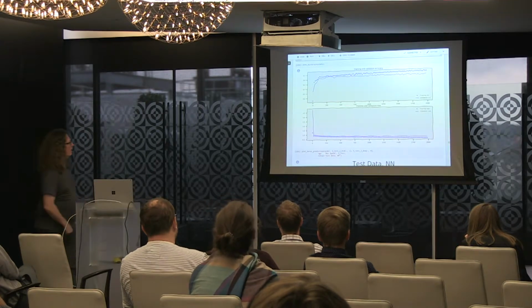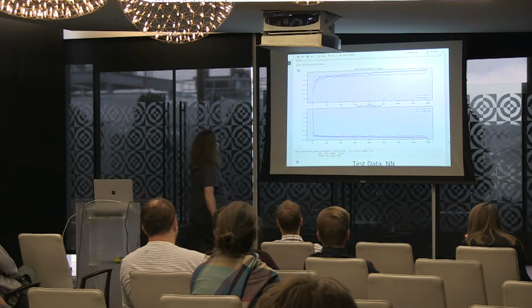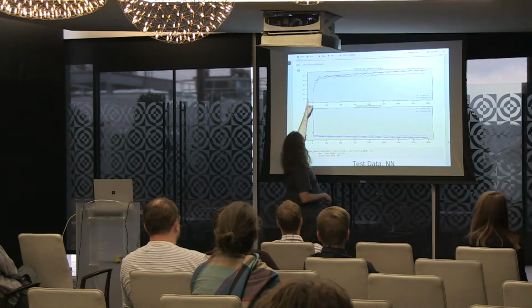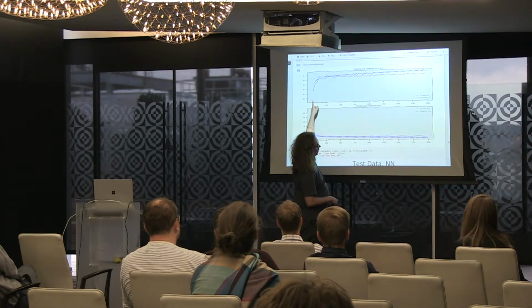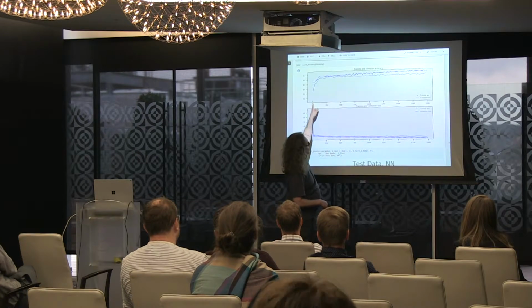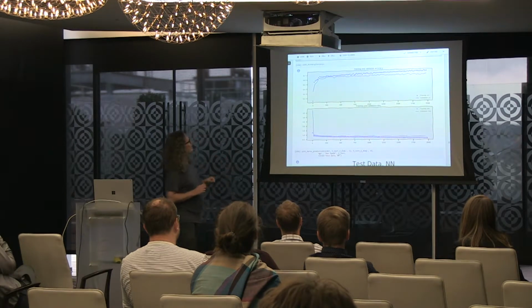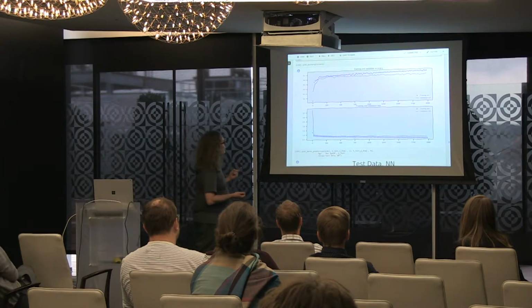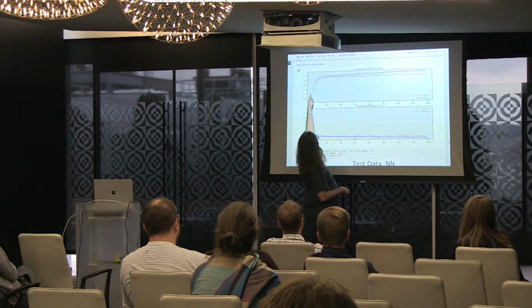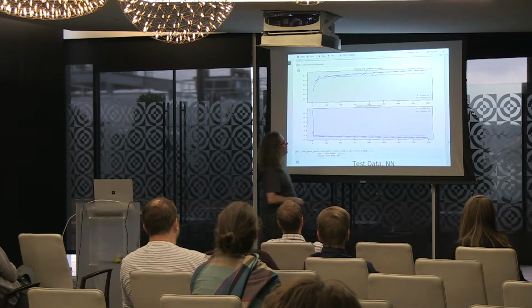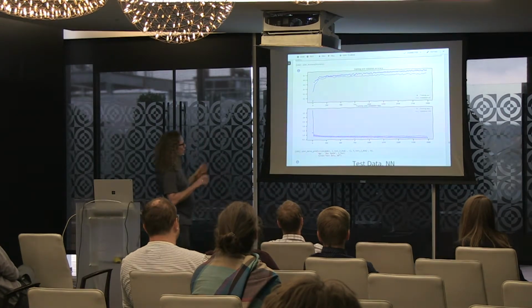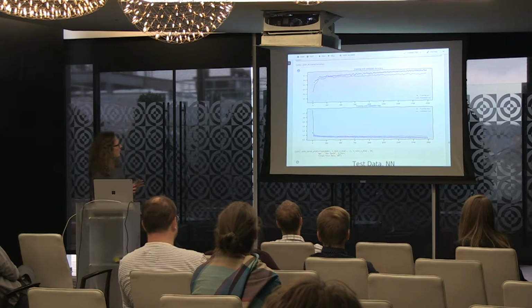This line you could read as the test accuracy, and this dotted line is the training accuracy. There's more to it, but it doesn't matter much now.